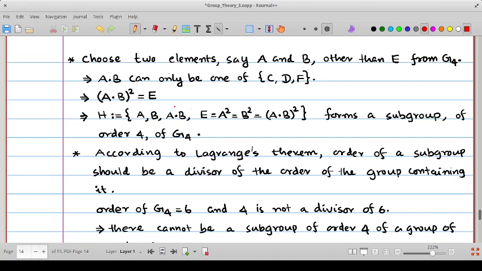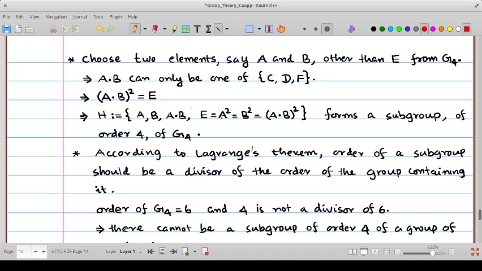So then we can do the following. We can construct a set of elements starting with the element A, then B, then A times B. Now A square equals E, B square equals E, AB is equal to AB, and AB square is also equal to E. So we see that, under group multiplication, these elements form a closed set.